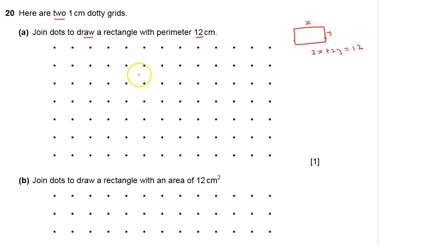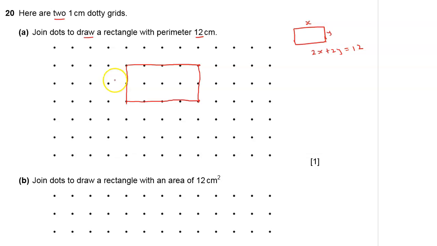so we can do 4 dots here, then 3 dots down here, 3 dots, 4 dots, and 3 dots.